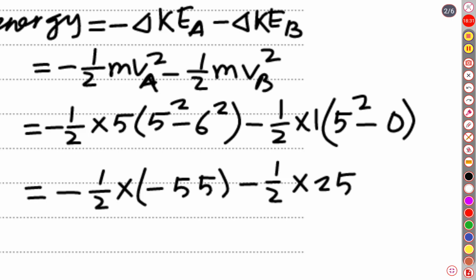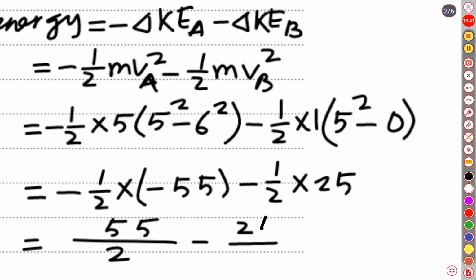So it is going to be 55 over 2, which means 27.5, and 25 over 2, which means 12.5. From 27.5, if 12.5 is subtracted, it is actually 15 joule. So the loss of energy after the first collision was 15 joule.